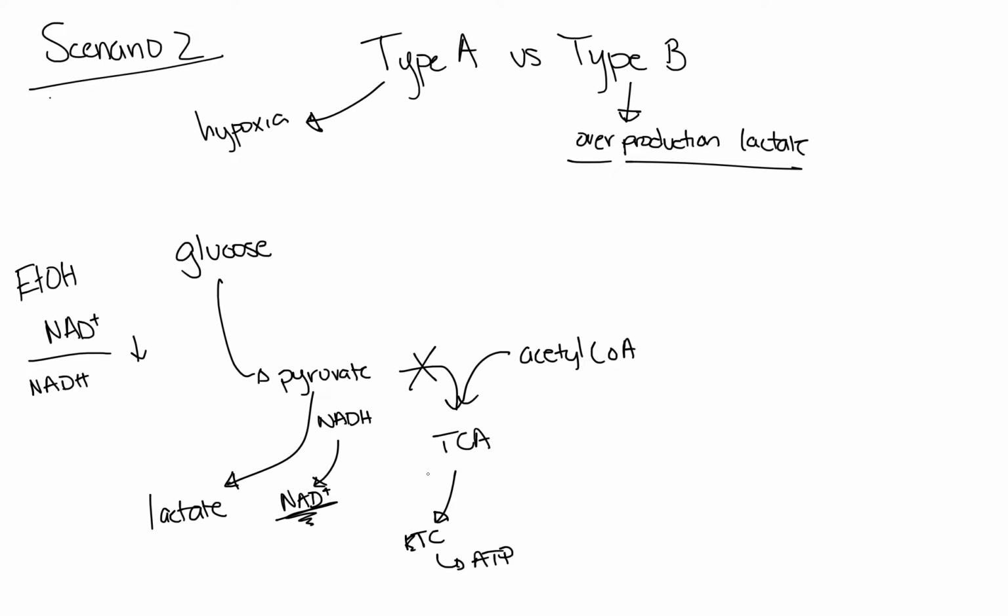And so when we're missing NAD+, we cannot go through our TCA cycle. And what ends up happening is the body then has to create more NAD plus by shunting pyruvate into lactate so that we can create the NAD plus we actually need for our TCA cycle. So ethanol can cause a type B lactic acidosis by forced shunting to lactate in this direction.